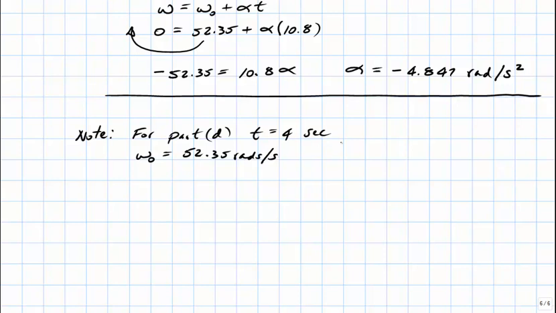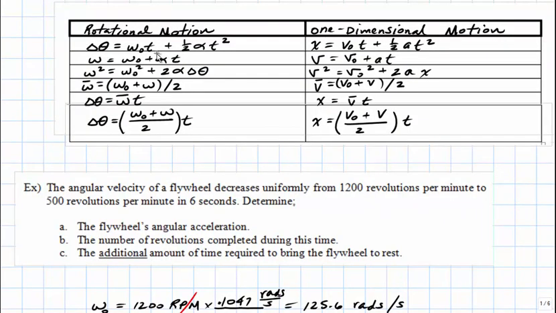And we just determined alpha, of course. So here are the three variables that we were looking for. We have omega 0, we have t, we have alpha, and we're trying to find omega, which of course refers to the angular velocity of the turntable at a time of 4 seconds. Here are the equations once again.